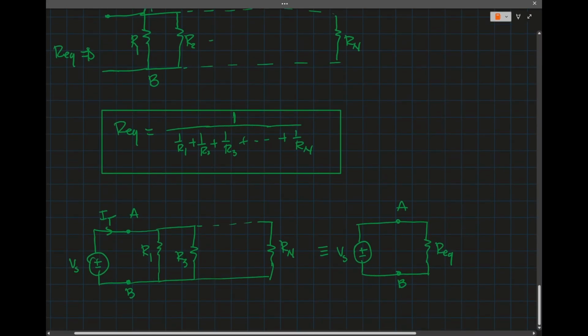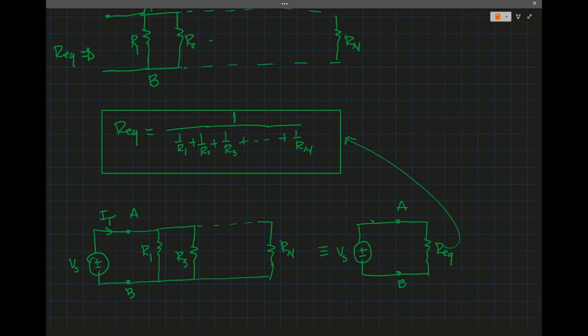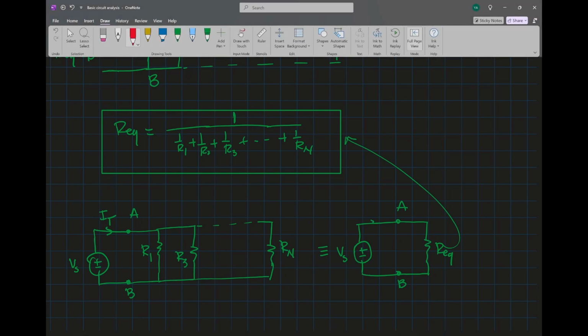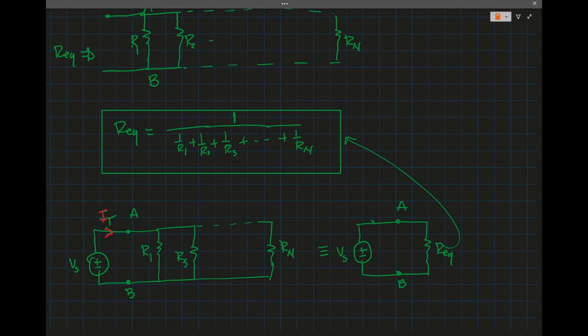The equivalent resistance is what we calculate over here, and the current remains the same. So I total and I total. So that's when we have resistances connected in parallel.